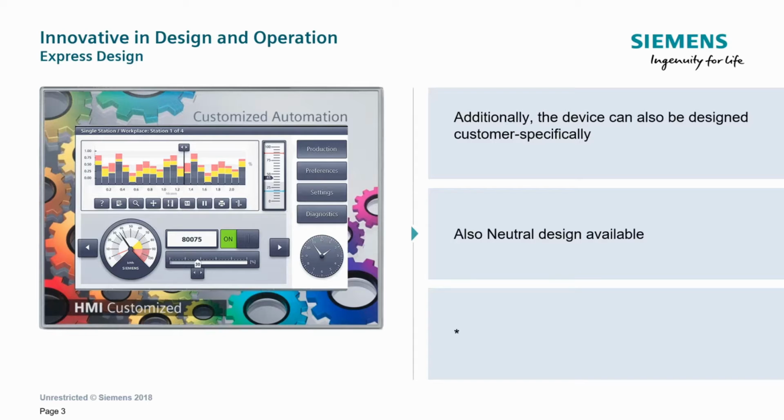But if you've got a customer who likes to see their own branding, their own logo on it, those sorts of things, then of course you can also specify your own logo requirement or your own colorations for the bezel as well. So to completely customize it. So if you're an OEM and you want to ship it with your own branding on as well, that is also all possible.